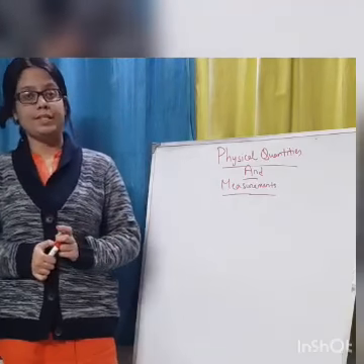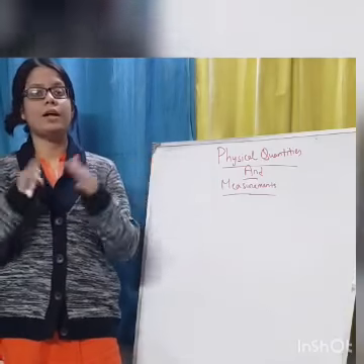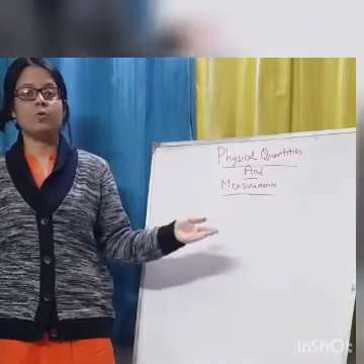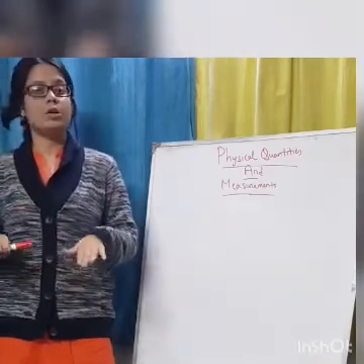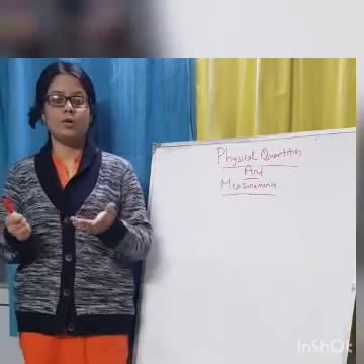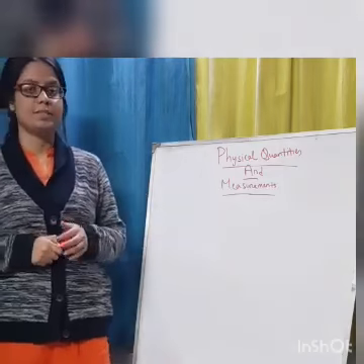Next is submarines. Submarine is another example. Submarine is nothing but a kind of closed ship or a closed boat which can either go down or rise up in water according to the will of whoever is driving the submarine.